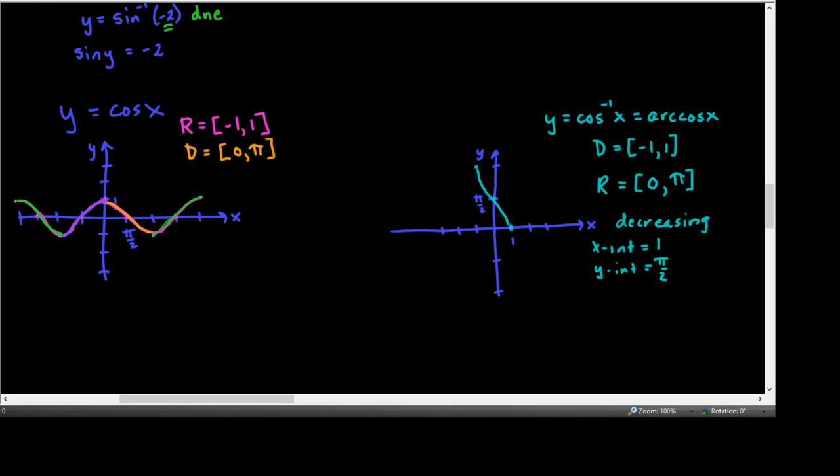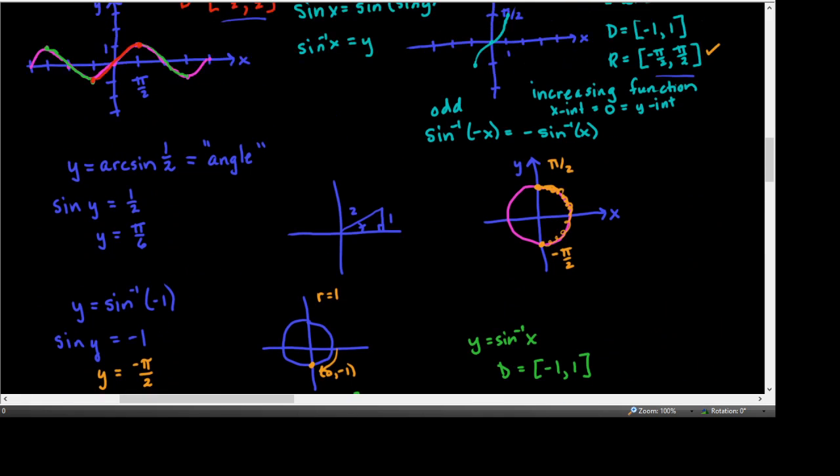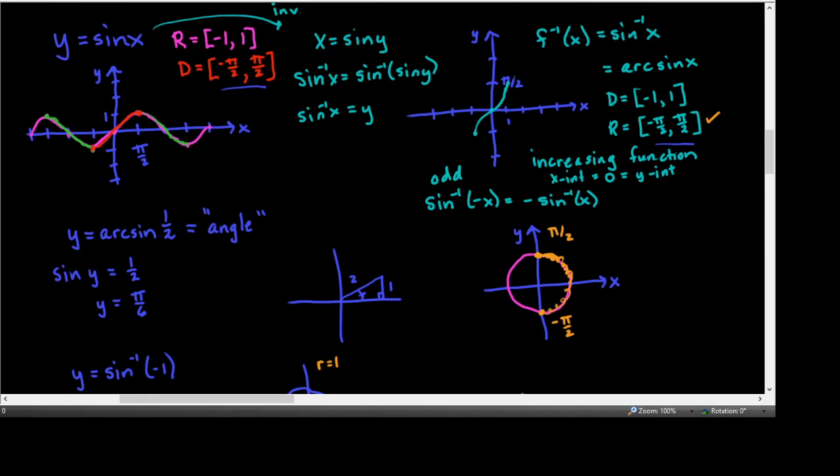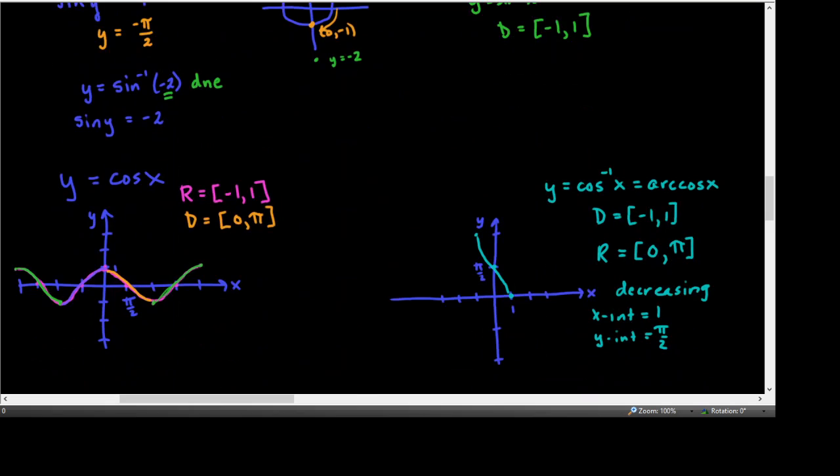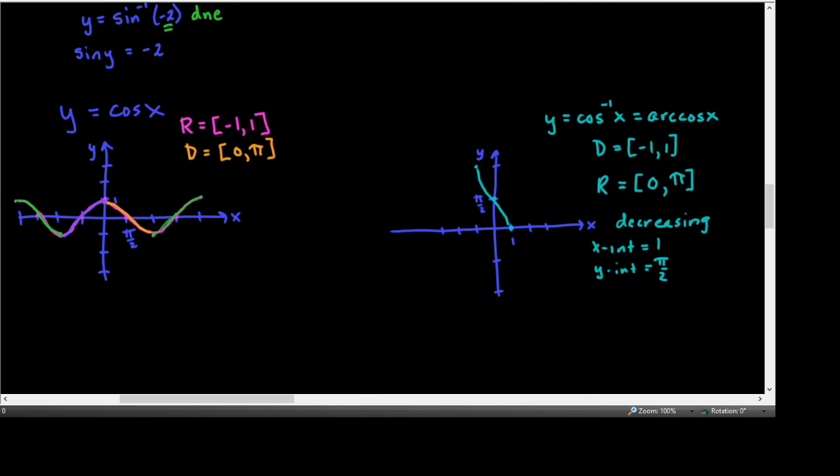Let's see, was there anything else we talked about? Let me look up at the other one. Increasing, intercepts, domain, range. Oh, does this one have any kind of special symmetry? It's not symmetric with respect to the y-axis, and it's not symmetric with respect to the origin. So this one has no special symmetry, which means it has no even-odd identity, because it's neither one.